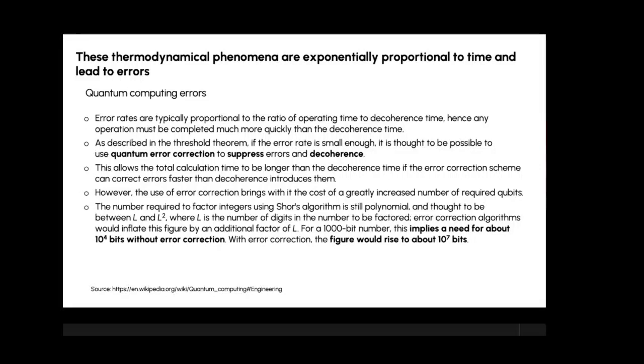Yeah, so if I have, for example, 10 digits in a number to be factored, I need between 10 and 100 qubits. And the error correction algorithms would inflate this figure by an additional factor of L.